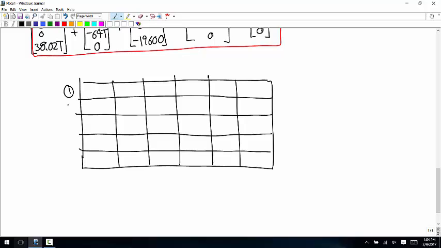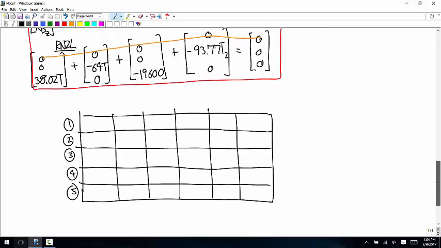So that's equation 1, 2, 3, 4, 5. And our variables will be RDX, RDY, RDZ, T, T2, and then these are the constants that have to be moved over to the other side of the equation by themselves.